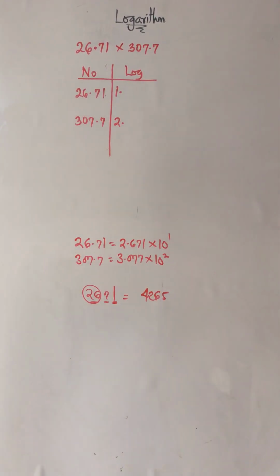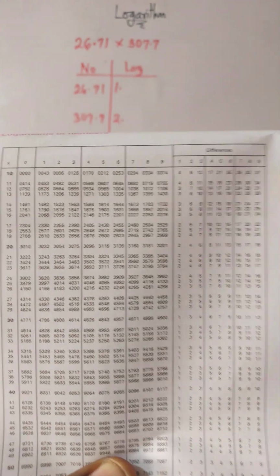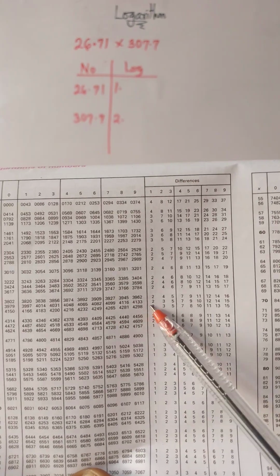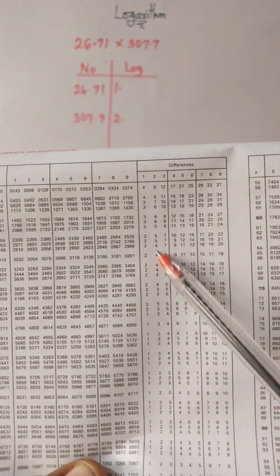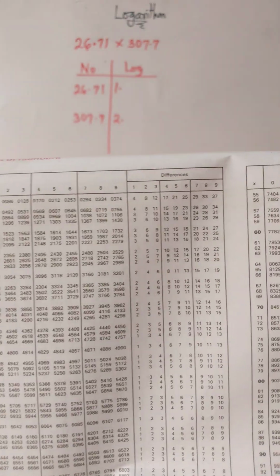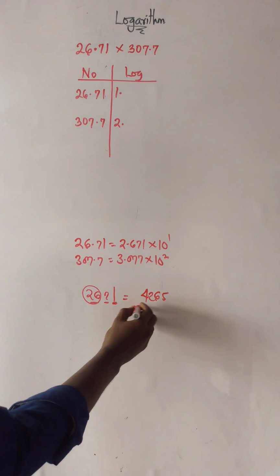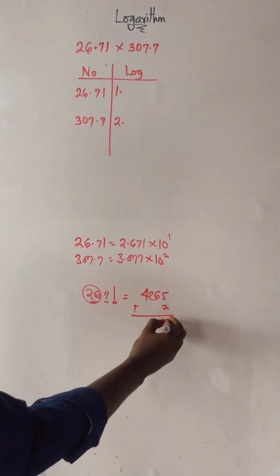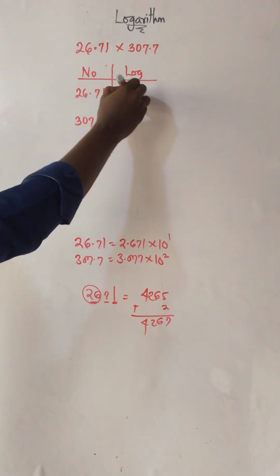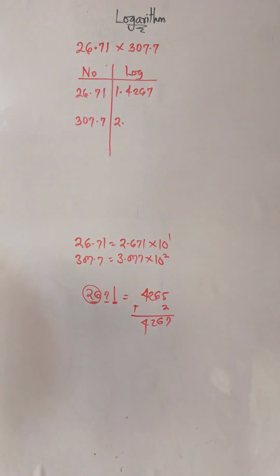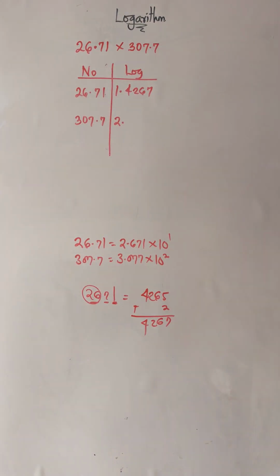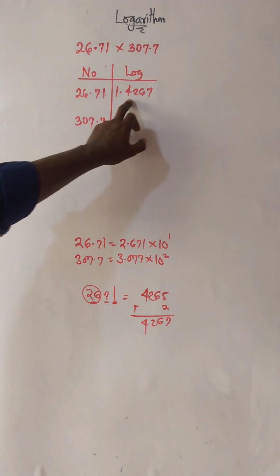Then under difference 1, we go to the difference column. Difference 1, what do you have there? 2. So you add 2 to it, and that gives us 4267. So the logarithm of 26.71 is 1.4267 to base 10. So if you do 10 raised to the power of this, we get this.